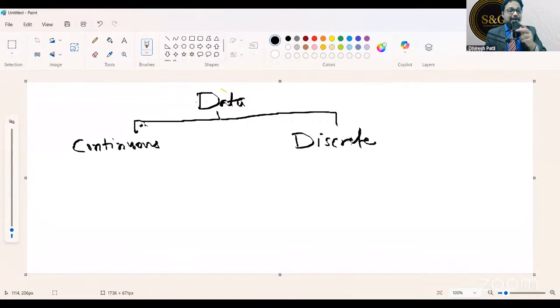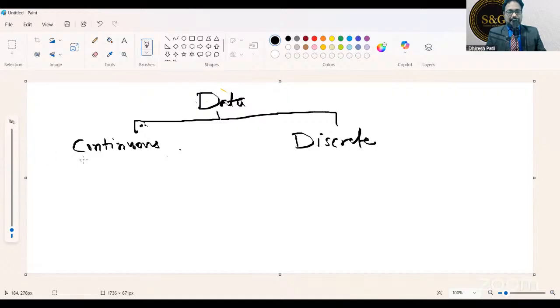See the difference in terminology. We always say go and measure the weight; we never say go and count the weight. When we say measure, it is continuous data, and we never say go and measure the number of people; we always say go and count the number of people. Whenever it is measured, it is continuous data, and whenever it is counted, it is discrete data. Are you clear with this? Just give me yes in the chat box.